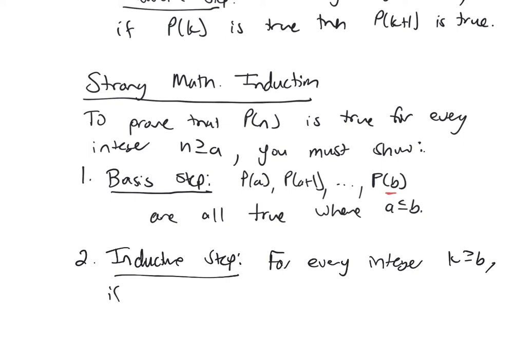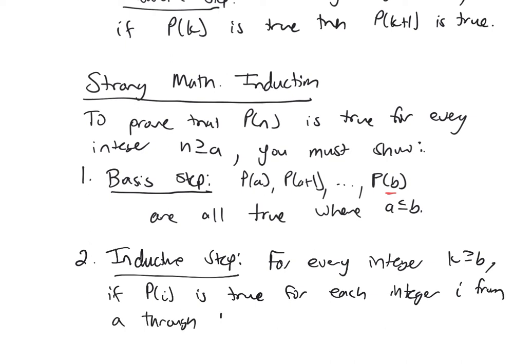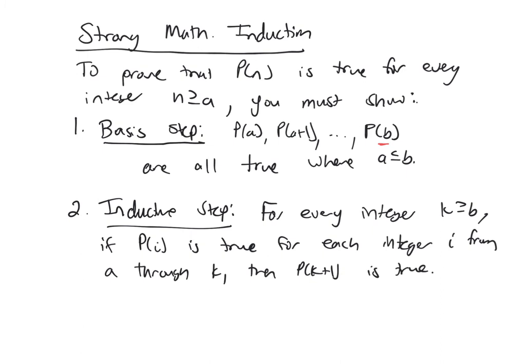I'm going to state it for every integer k that's at least as big as your b, which comes from the last value in your basis step. If P(i) is true for each integer i from a through k, then P(k+1) is true. So here, you're not just assuming P(k) is true, you're assuming P(a) all the way up through P(k) is true.